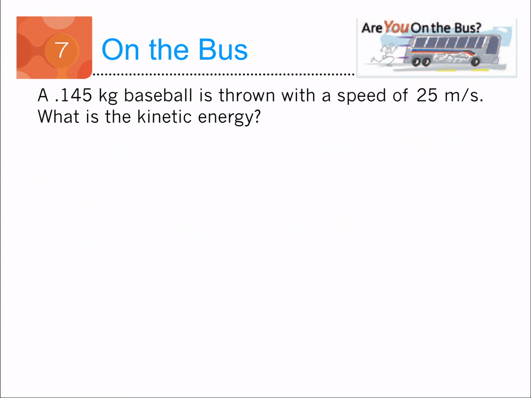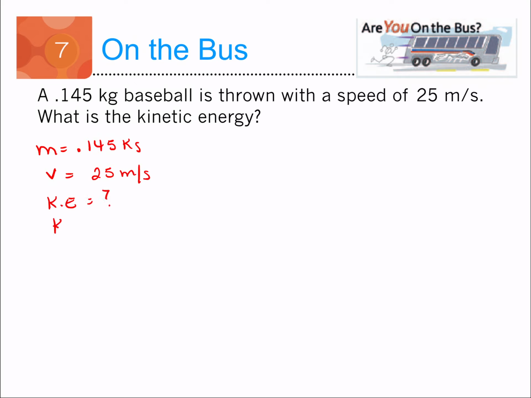Okay, let's try another one. So in this one, we have a 0.145 kilogram baseball. So the mass is 0.145 kilograms. It's thrown with a speed of 25 meters per second, and you're asked to find the kinetic energy.